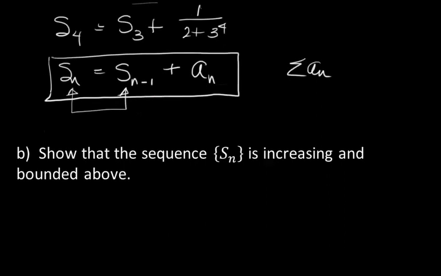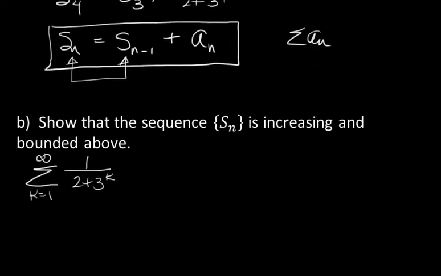So let's see. This series, I better write it again here. The sum of 1 over 2 plus 3 to the k, starting at k equals 1. Show that the sequence Sn is increasing.